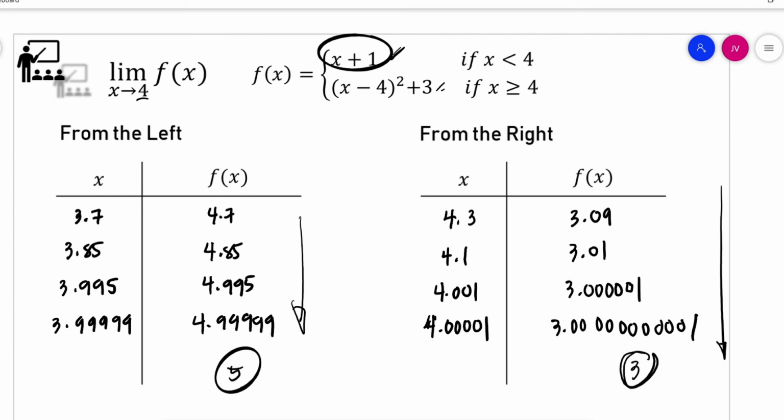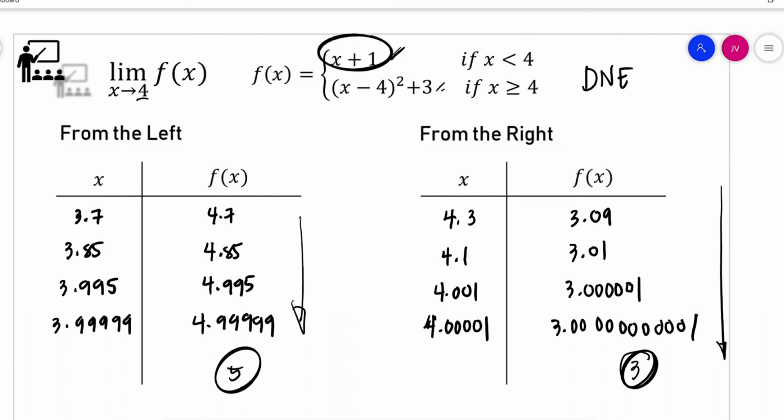And as you notice, left hand limit and right hand limit ay may magkaibang limits. Yung isa ay 5, yung isa ay 3. So, ibig sabihin nito, if the left hand limit is different from your right hand limit, the limit of your function does not exist. So, hindi nag-exist yung limit of our function.